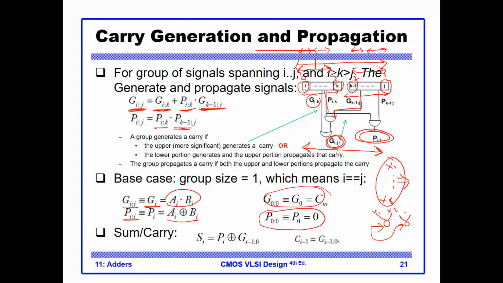Now I can compute the sum by the exclusive OR of the propagate of the current bit and the group generate from the previous bits, because this is considered to be Ci minus 1, which is the same as the carry generated from bit 0 all the way to I minus 1.